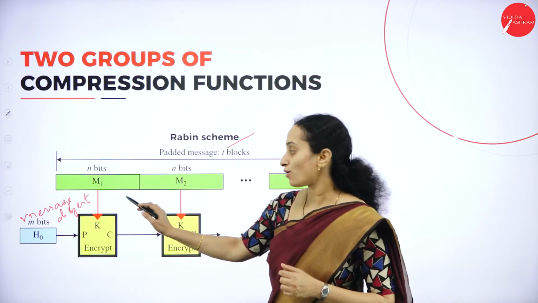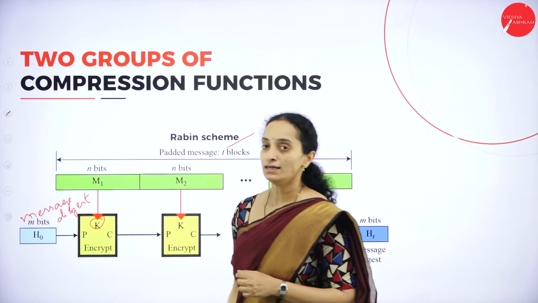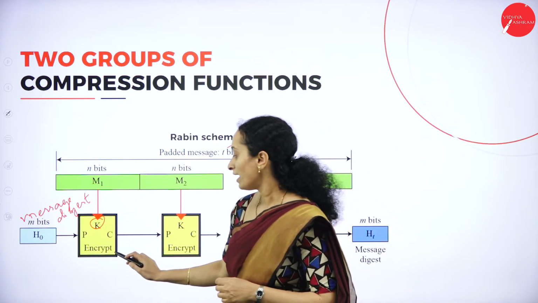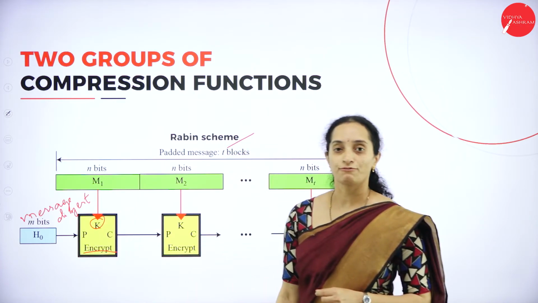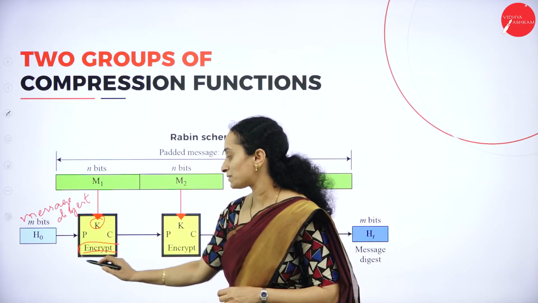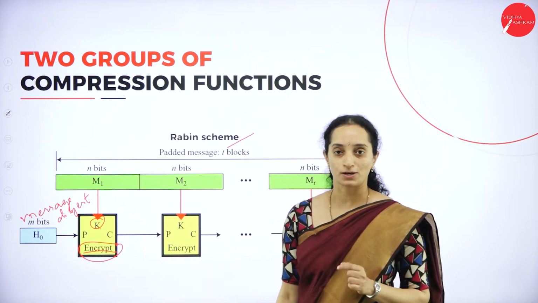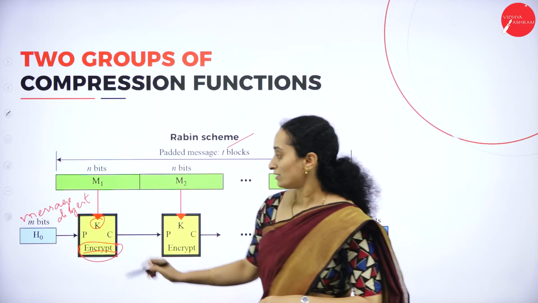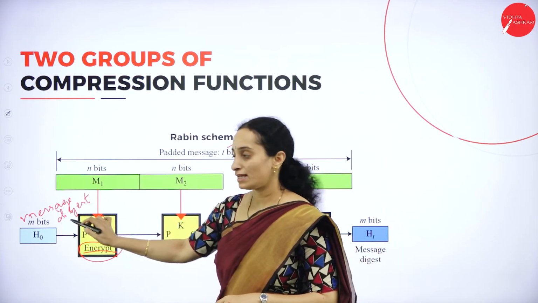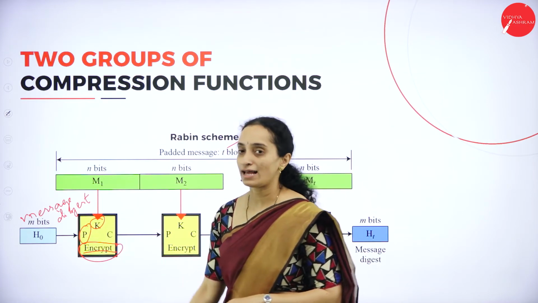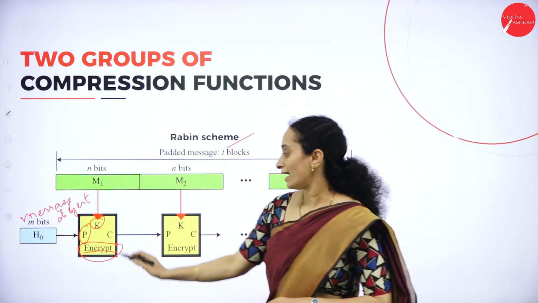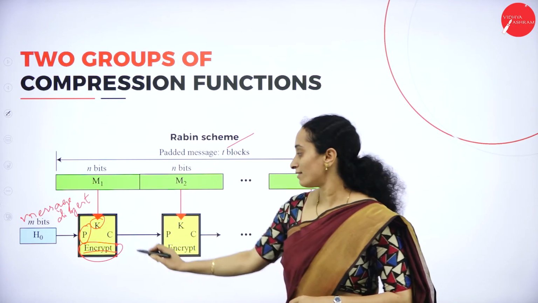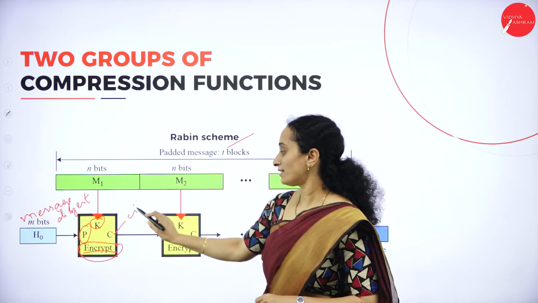the M block of key acts as the key for ciphering. Instead of the compression function, we use the encryption algorithm to get the ciphertext. So the previous message digest will act as the plain text and the new message digest will act as the ciphertext.